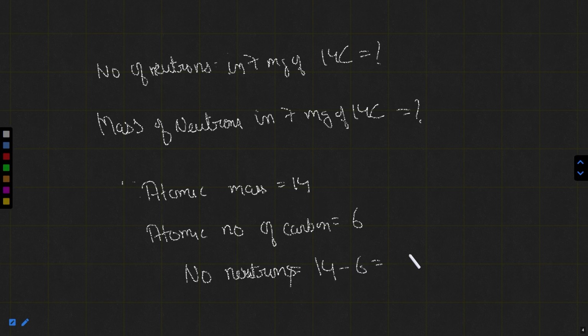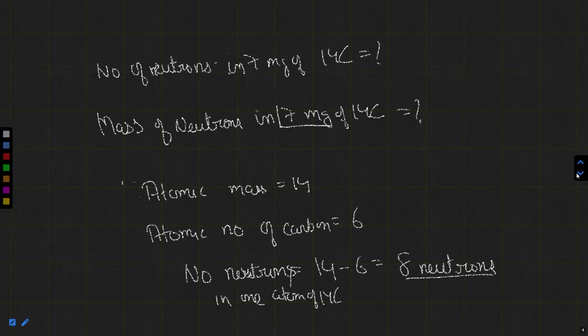That would give us 8 neutrons. So this many neutrons are present in one atom of 14C carbon. Clear? Now you have to calculate how many neutrons will be present in 7 mg and what will be their mass.